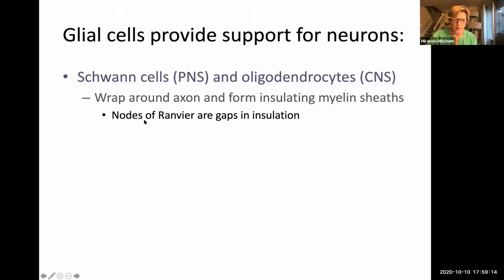The holes in between are called the nodes of Ranvier, and this is necessary so that there are locations for the ions to diffuse and actively transport back in, because otherwise the distance may be too far. So by having these gaps, think of them like booster points.